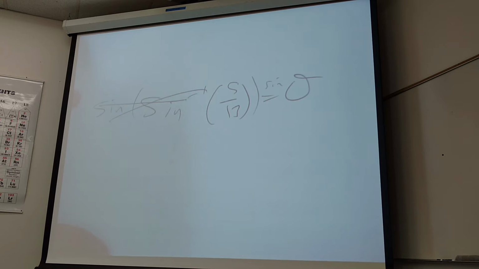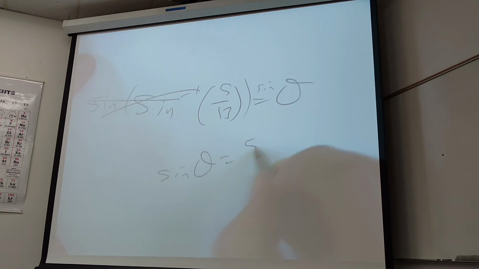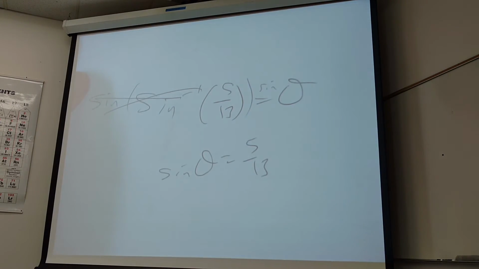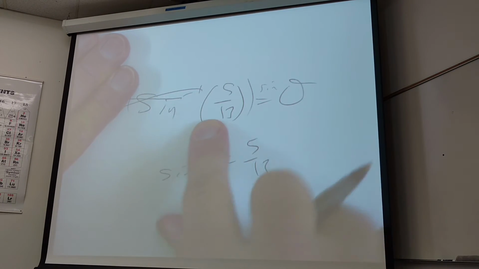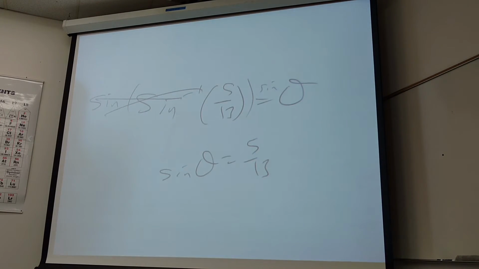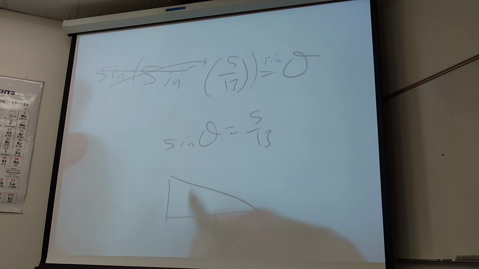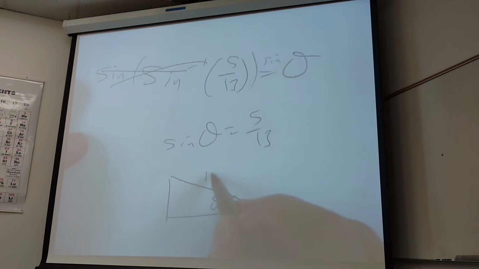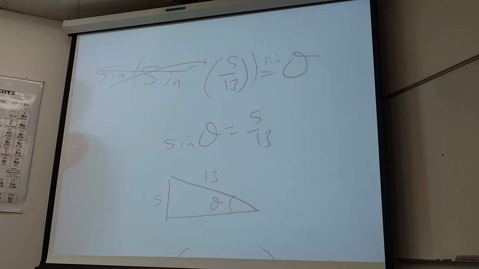They just cancel. So then I have sine theta equals 5 over 13. Without doing all that work, anytime you have an inverse trig of something, you can draw the representative triangle. So what's the representative triangle going to be? Here's theta, hypotenuse 13, and opposite is 5. And now it's asking me what's tangent of that thing. Sine over cosine.